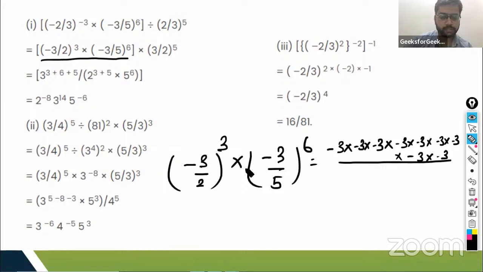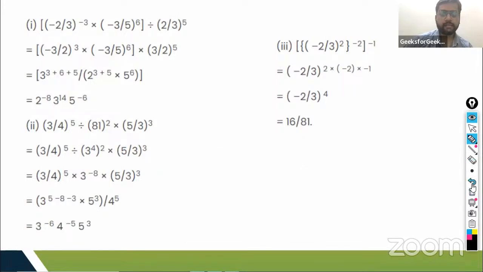It's a little bit, just hold a second. I have to elongate it fully, then it will be clear to you. Wait a minute. (-3) to the power 3 is equal to -3 into -3 into -3. Here it's 6 times.